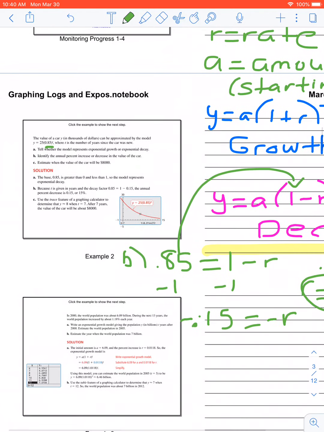So on letter B, where it says identify the annual percentage decrease, because it's decaying, it would be 15%, which is how they got that answer right there.